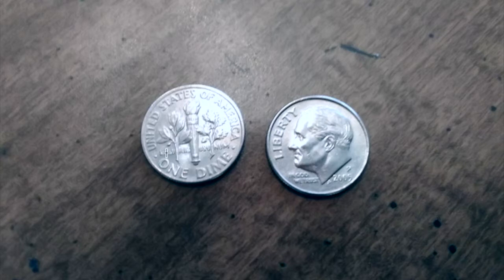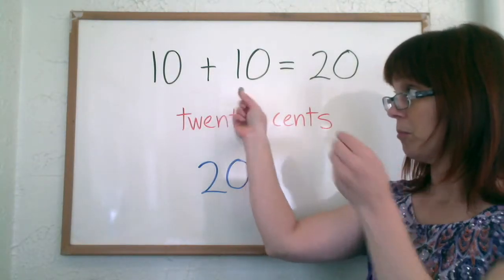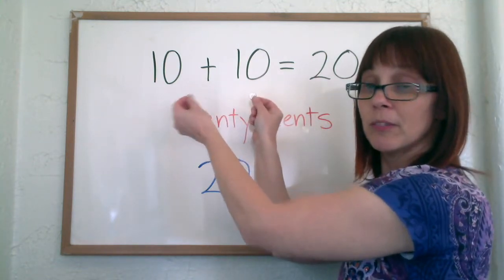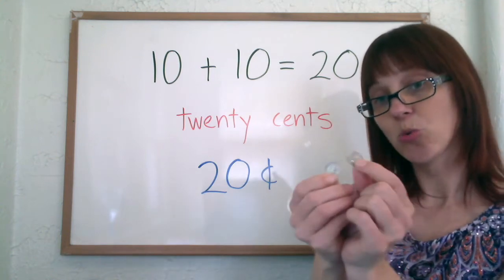A dime and a dime. 2 dimes, 2 little coins. So this is 10 cents and 10 cents. 10 plus 10 is 20. 10 plus 10 is 20. 20 cents.